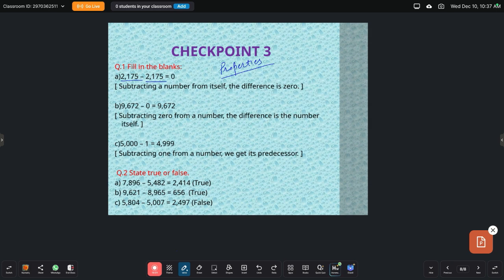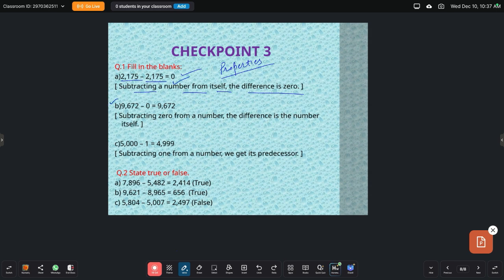That means our minuend and subtrahend are the same number. So we have to apply the property: subtracting a number from itself, the difference is always 0. So 2,175 minus 2,175 is 0.